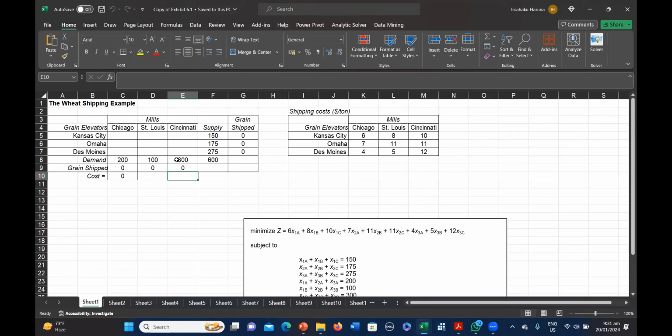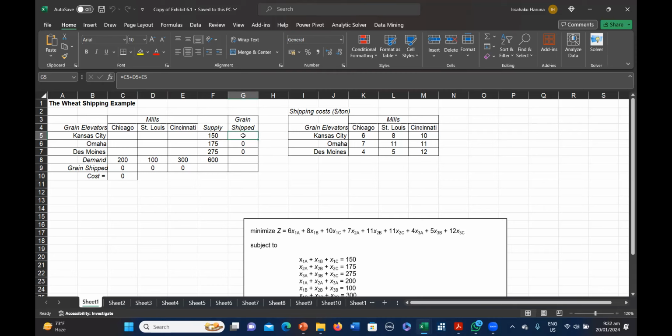The same for Omaha. The supply, if we sum the empty cells in there, they should be equal to what? The grain shipped. Now, that helps us to get our supply constraint.